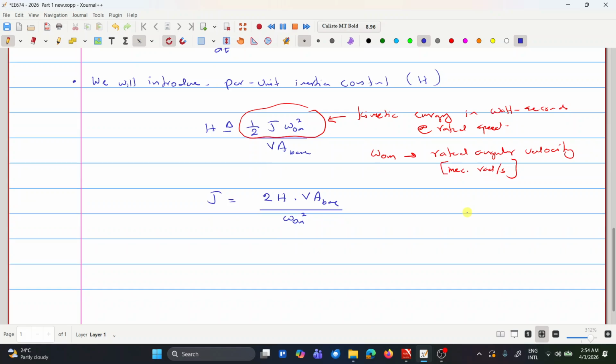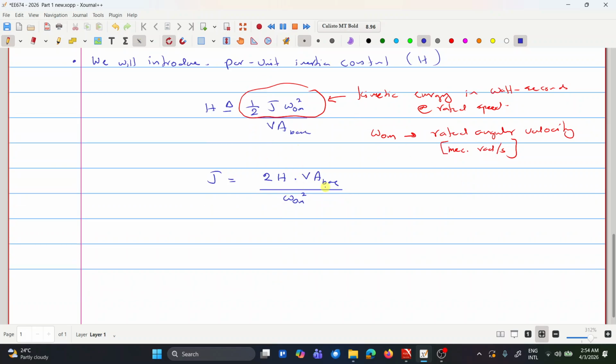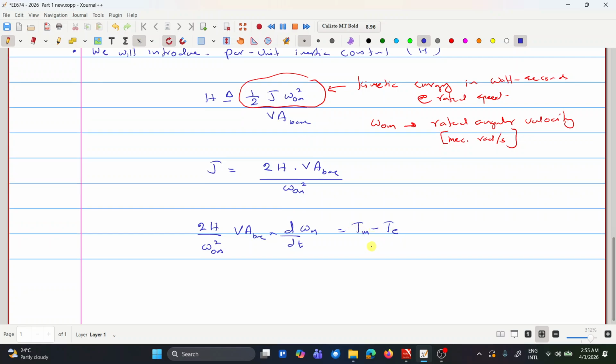If you substitute this in equation number 1, what you will get is that J, which is 2H over omega 0m squared times the VA base, times d omega m over dt, is equal to Tm minus Te, right?